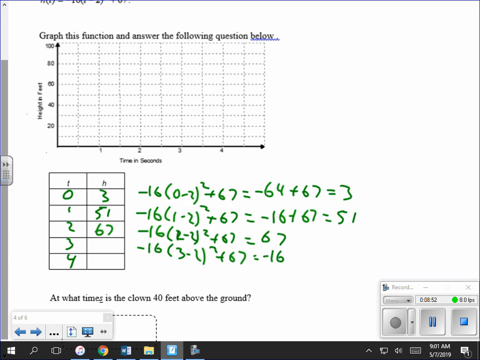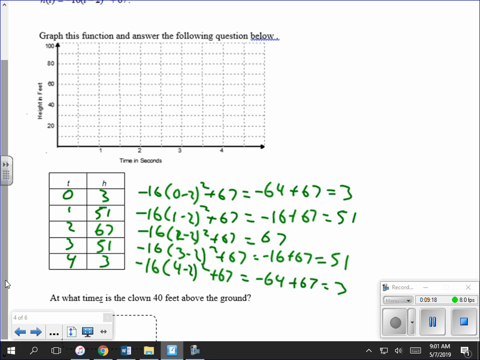It's negative 16 plus 67. He's at 51 feet again. And then on 4, negative 16 times 4 minus 2 squared plus 67 is equal to negative 64 plus 67. He's back at 3 feet off the ground after 4 seconds.